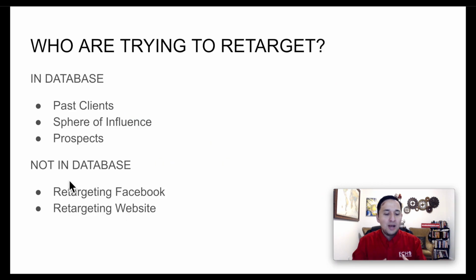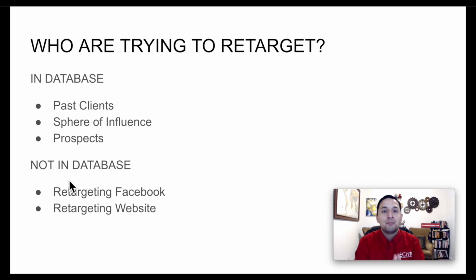And then those people not in your database, well, the ability to upload a customer list is not available to you because you don't have their names, you don't have their emails or phone numbers. These are people that were passersby.